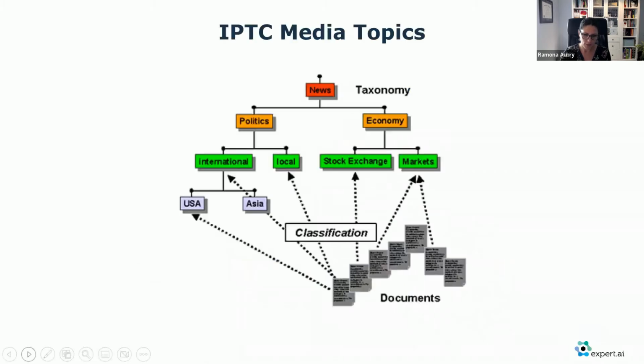I have here also another example from the media world with IPTC media topics. This is a taxonomy that is used usually for classifying the news in different categories that are very generic, and then start declining into smaller categories that are more specified.